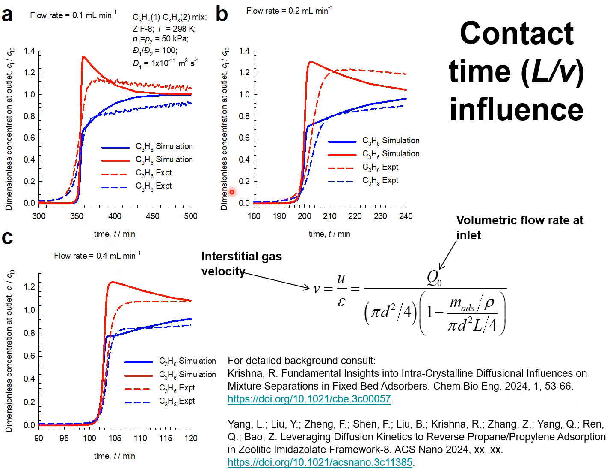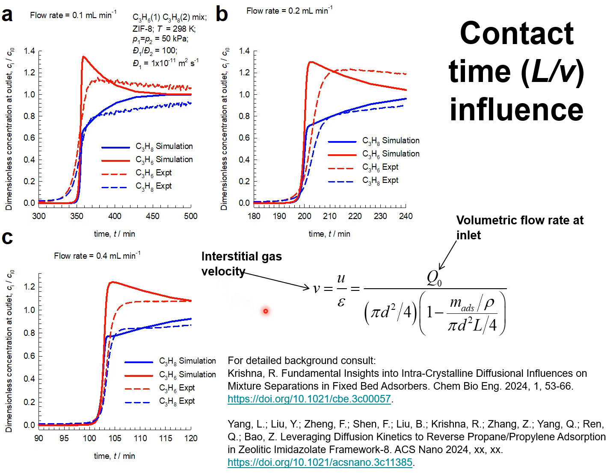There is good agreement between the simulations and experiments, but we note that for all these three flow rates, the breakthroughs of propene and propane occur practically at the same time, indicating that the diffusional influences are not strong enough.